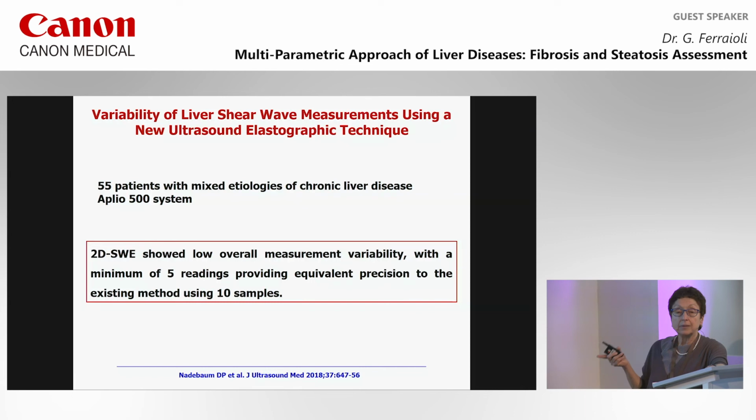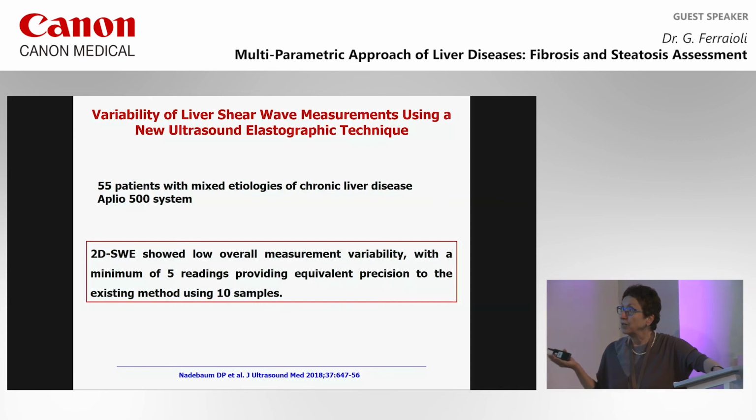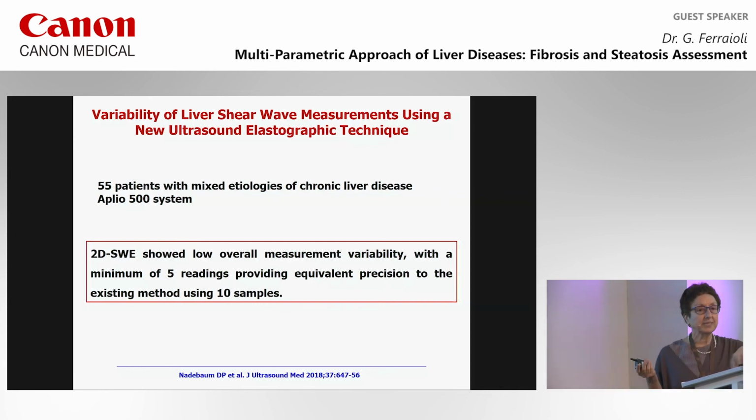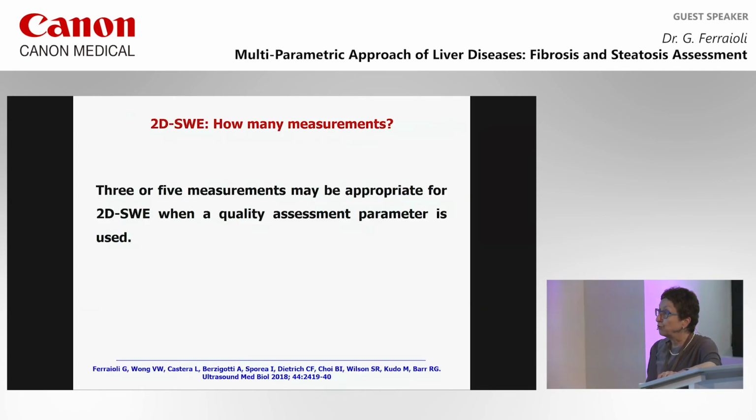And also in another study published last year in a series of 55 patients, the same result has been obtained. 5 readings were equivalent to 10 readings. So we may stick to 5.